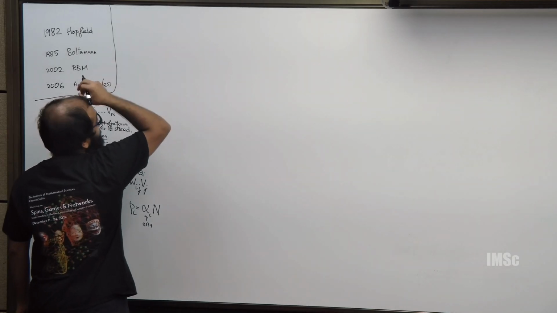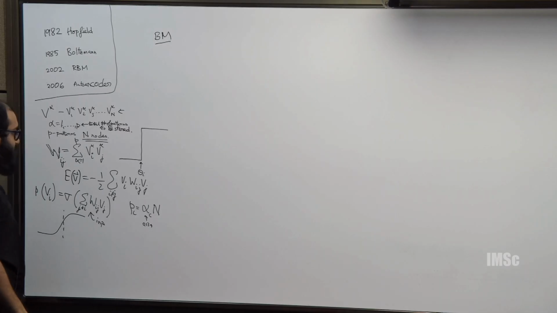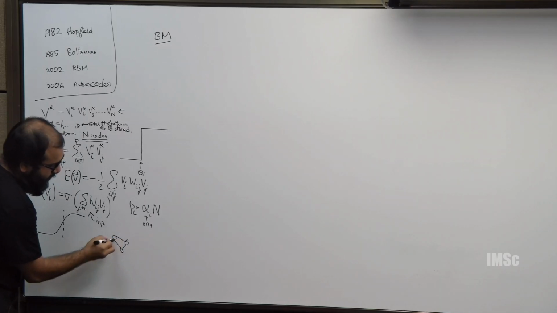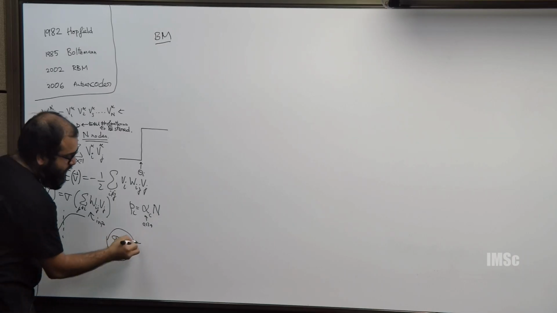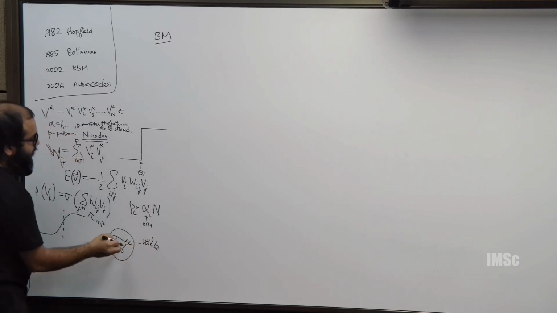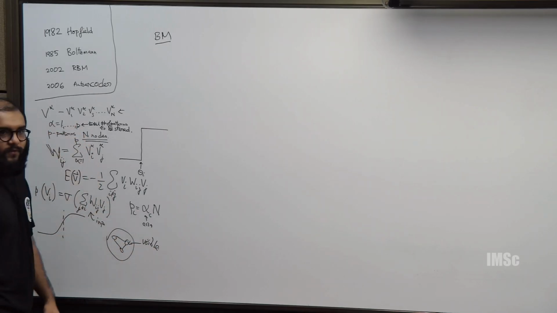So in 1985, Hinton, Ackley, and Sejnowski came up with the Boltzmann machine, where their argument was simple. In the Hopfield network you have n neurons, and all the neurons take part in storing the pattern, right?